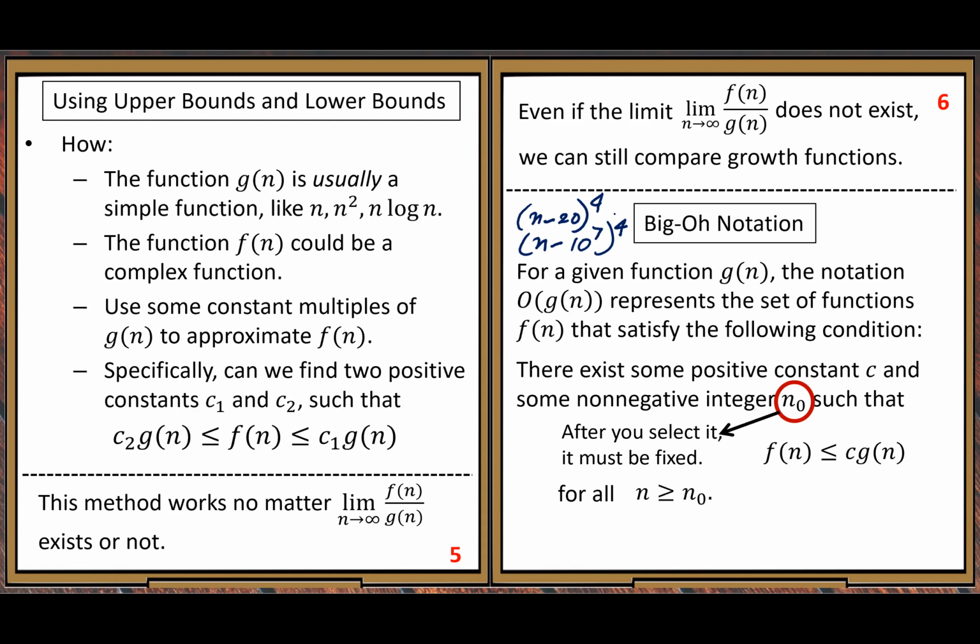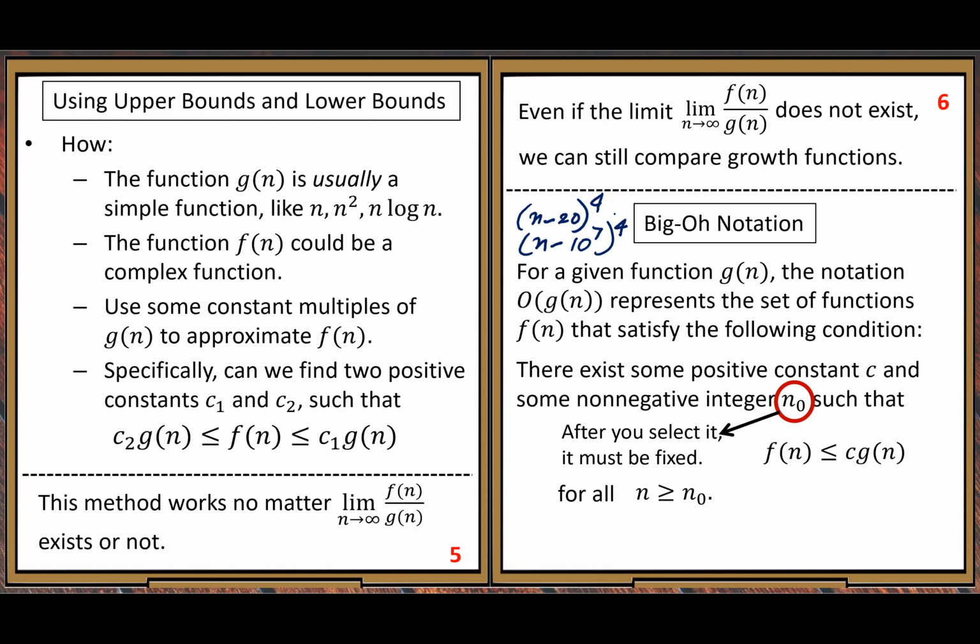When we select little n0, in that example we can select 20, and in this example we select 10 to the 7th. So we have freedom to select n0.